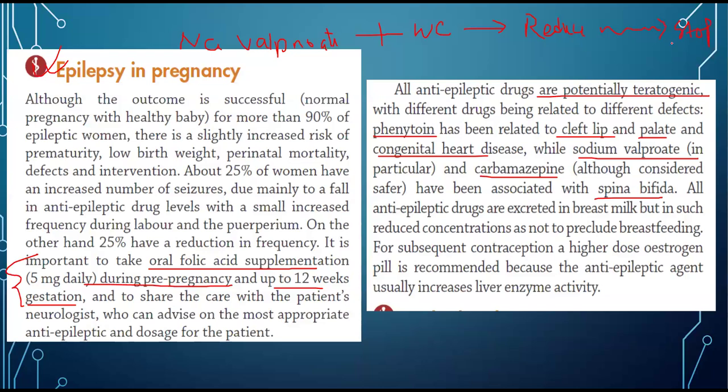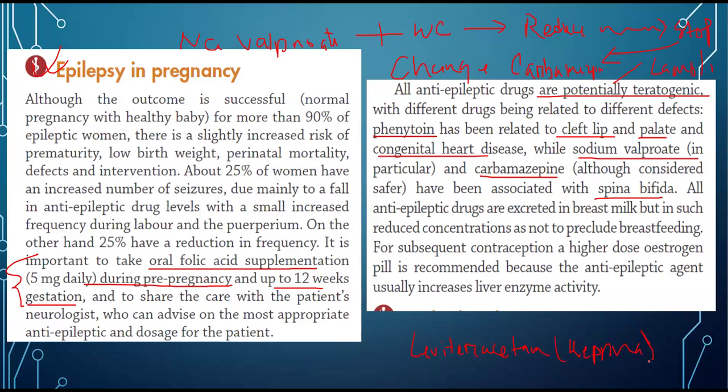If you stop the valproate, because there is always a risk that the patient can get an epileptic attack during pregnancy, we will change the valproate to something which is less risky. You would change to either carbamazepine, which is less risky than valproate, or even the newer antiepileptics, like lamotrigine or levetiracetam, commonly known as Keppra.